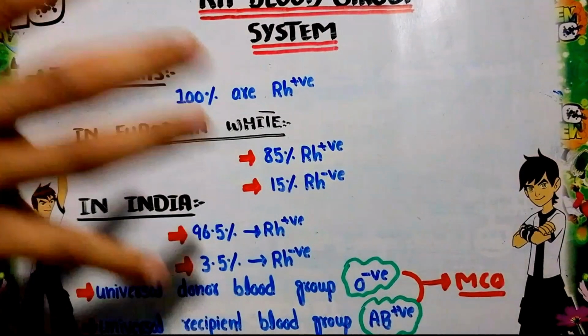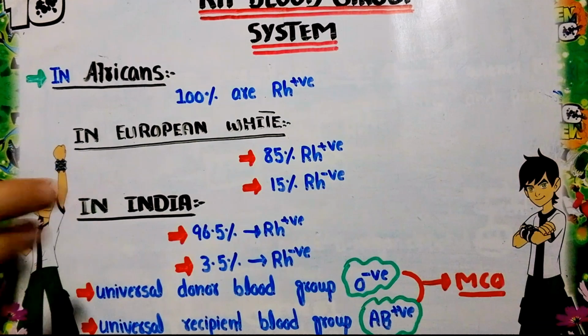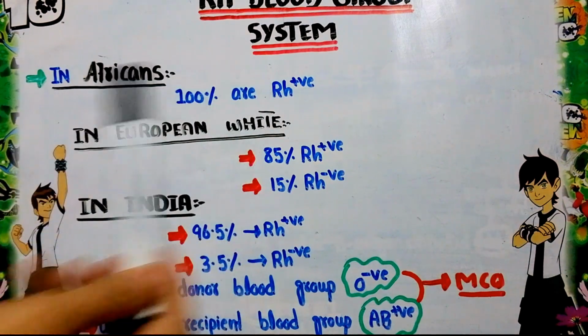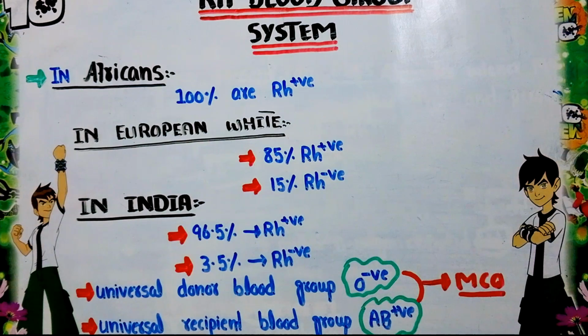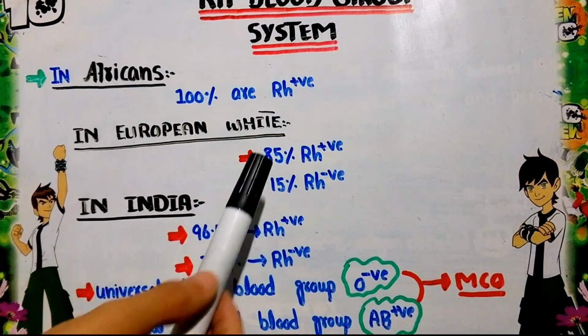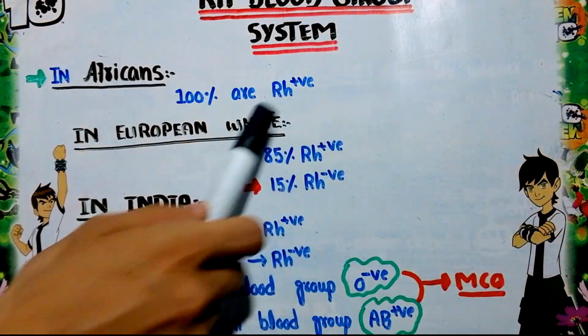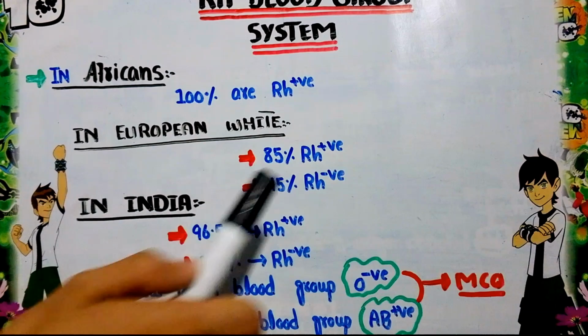Now we will see the percentage of Rh positive and Rh negative persons in different countries. The first is Africans. In Africans, almost all individuals are Rh positive. While in Kenyans and European whites, 85% of individuals are Rh positive, while 15% are Rh negative.